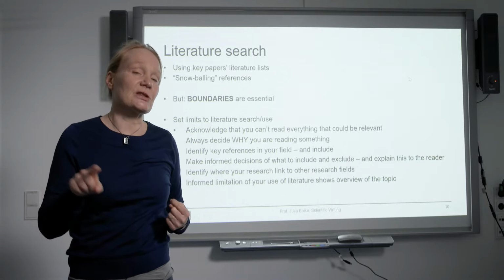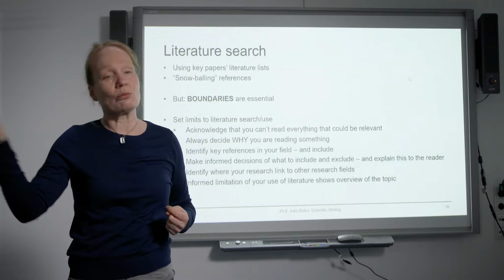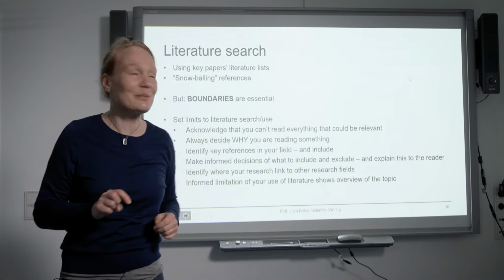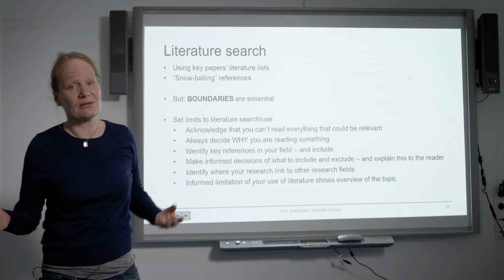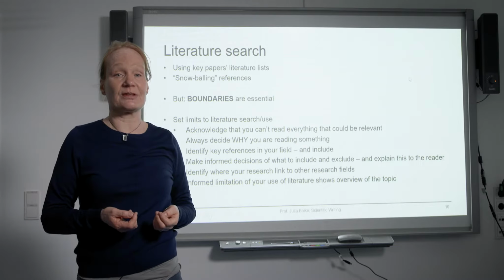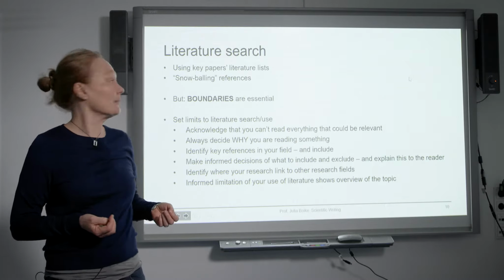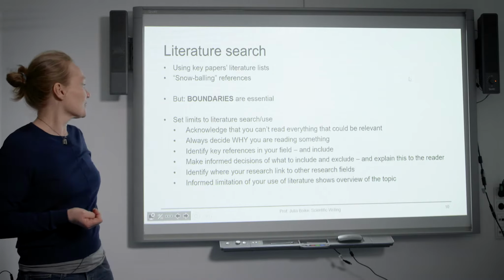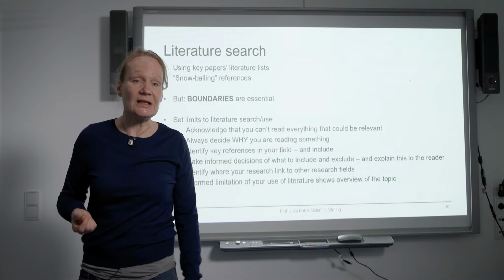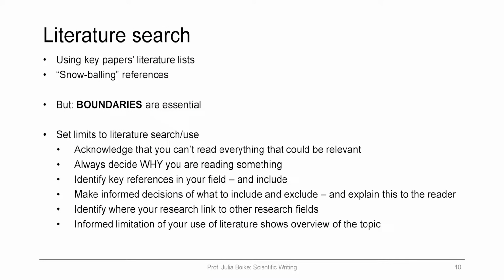And you start having the snowball effect that this paper links to more papers and that paper links to more papers. So this is what it means, the snowballing effect, and easily you can have many references suddenly, and it becomes overwhelming. So you have to set boundaries. And then you also have to set limits to your literature search. For example, you have to say that you can't just read everything that's provided out there. You will miss something.